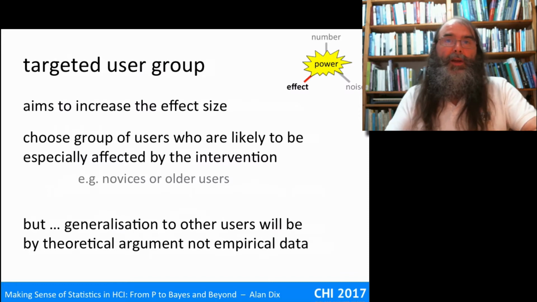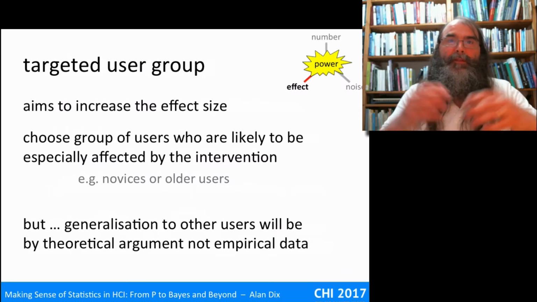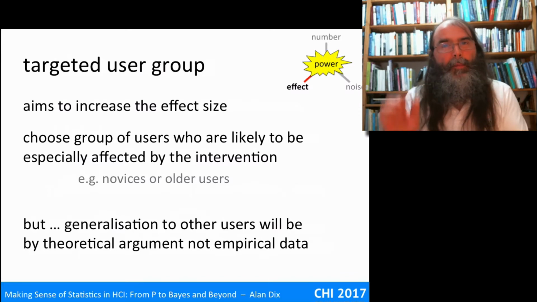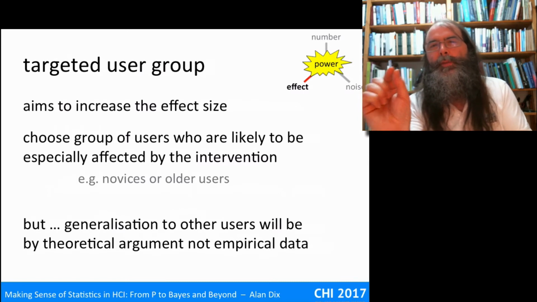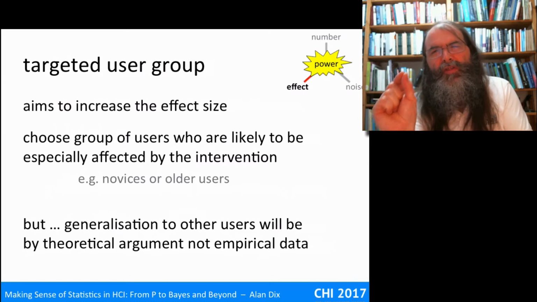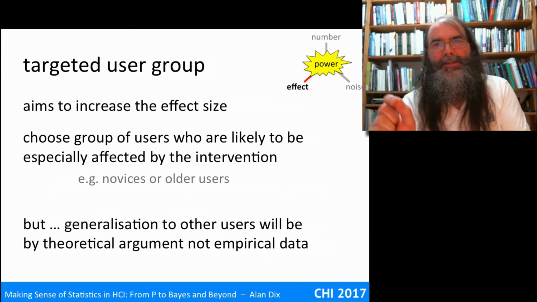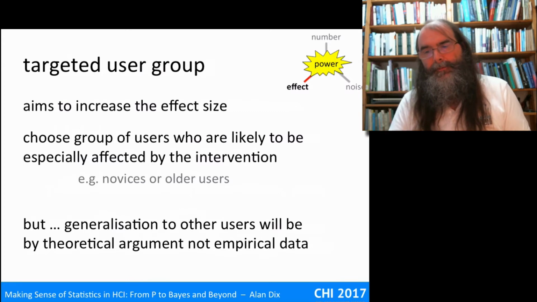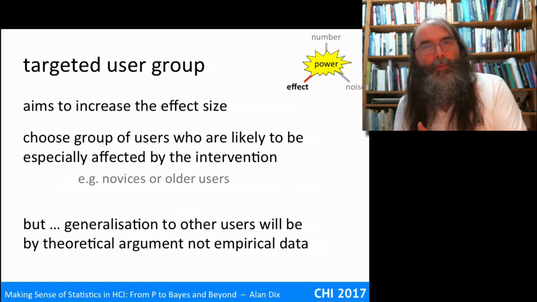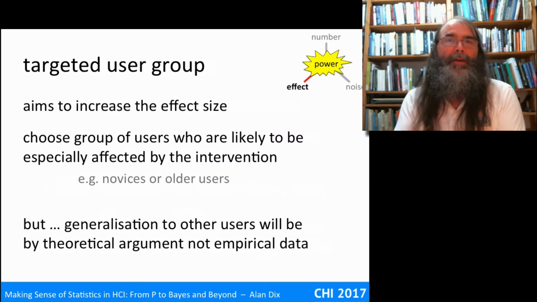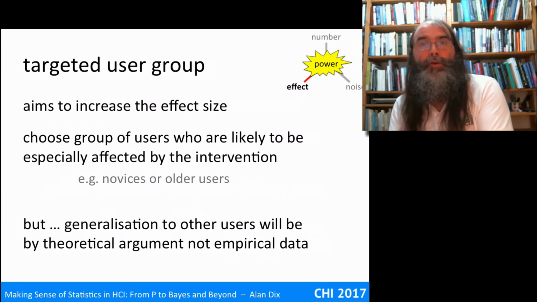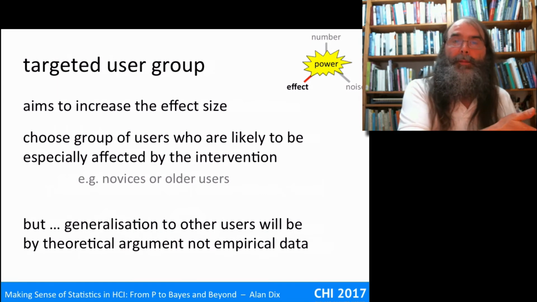So if you had lots and lots of types of people, they vary so much you can't tell. But by going for this very tuned group, tuned to a group that you think might make a difference, then you might see that difference. Of course, the problem with this is you've gone for this very narrow group. How do you know that what you see for that group will be true for other people?